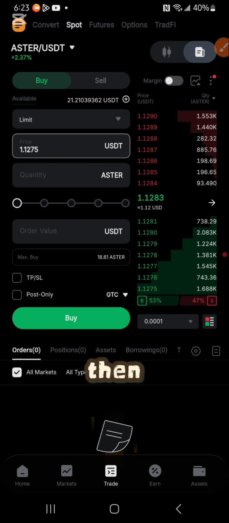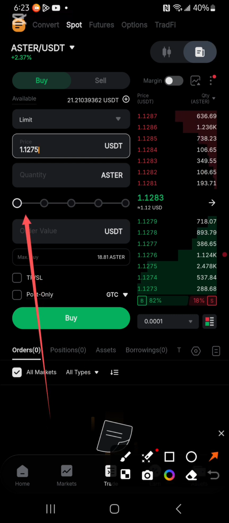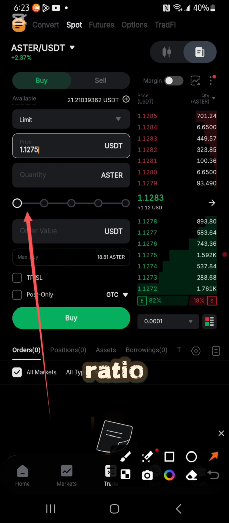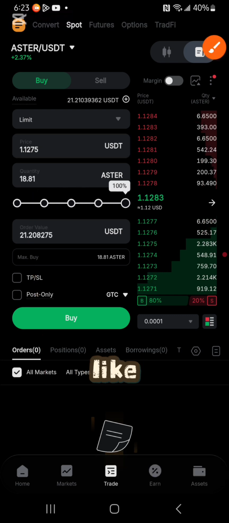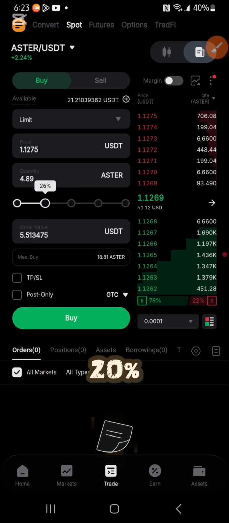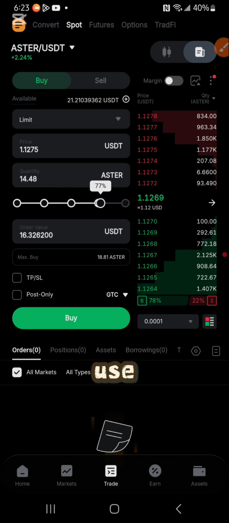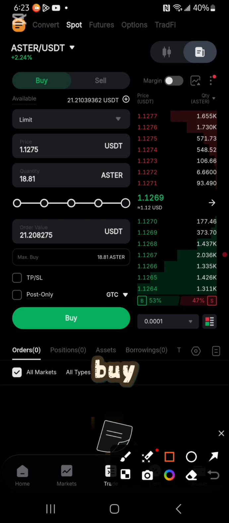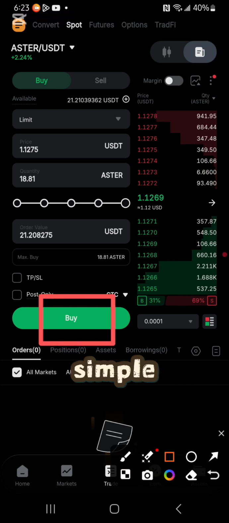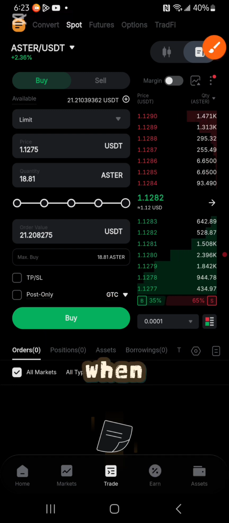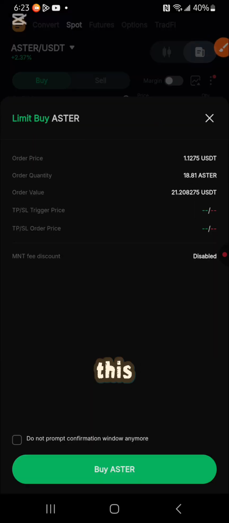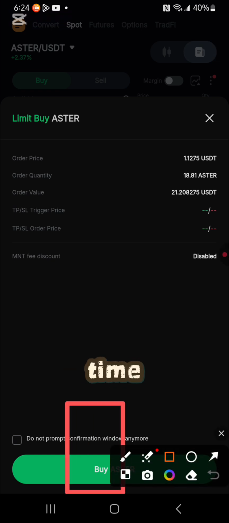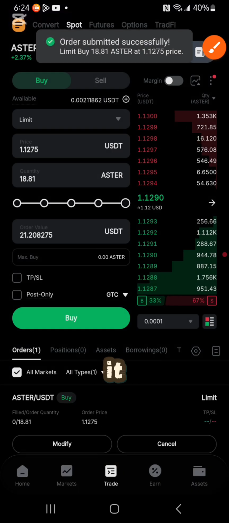So after then, you set this icon to your intended ratio, either 100% like this, or 50% or 20%, whichever amount you intend to use in buying the coin. So mine, I'll be using about 100% of it, and then I will go ahead and click on buy right here. As simple as that. When you click on buy, this should probably go through, and then you click on buy one more time again, and that should be it.